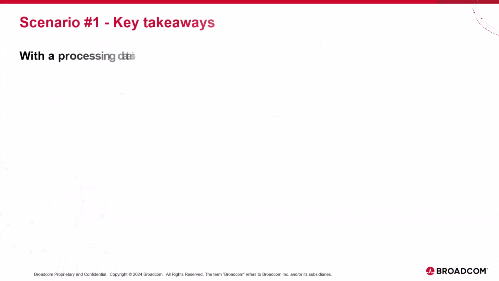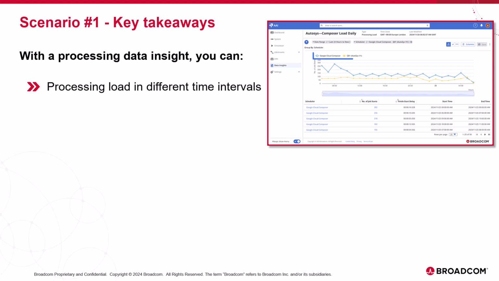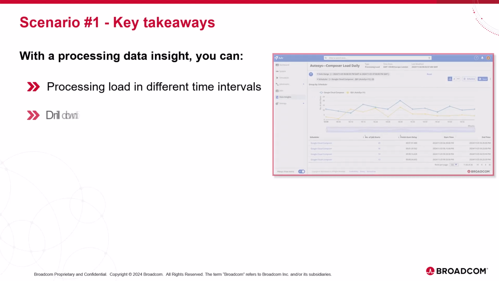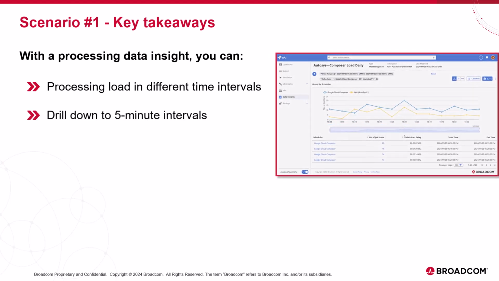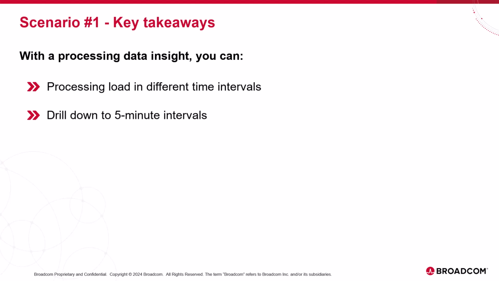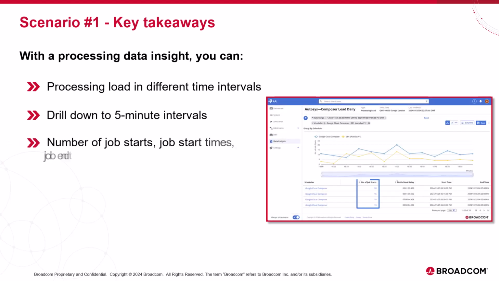Let's do a quick recap of what we learned from this. You can compare the processing load on multiple schedulers in different time intervals. You can drill down to 5-minute intervals of job execution data. In the data table, you can see details such as number of job starts, job start times, and end times in their relevant schedulers.